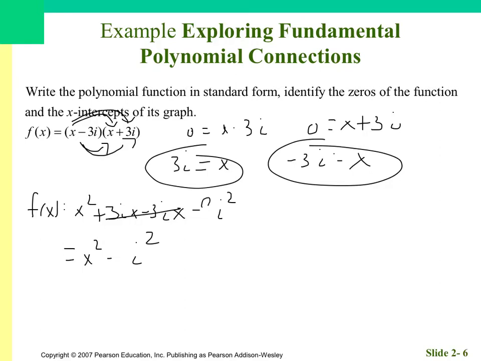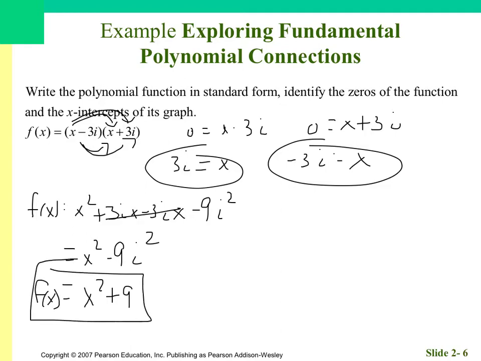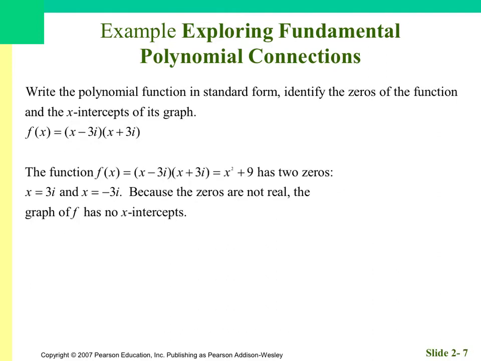But what does i squared equal? Negative 1, so this would be x squared plus 9. So there's the standard form. And because the zeros are not real, the graph has no x-intercepts. If they were real, those would be the x-intercepts. Okay? So yes, we did get that right.